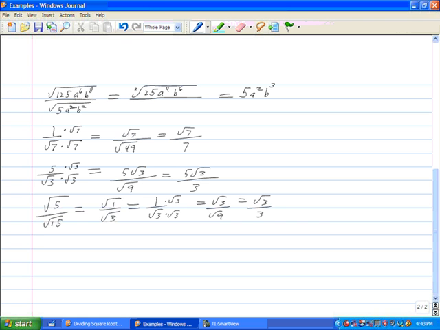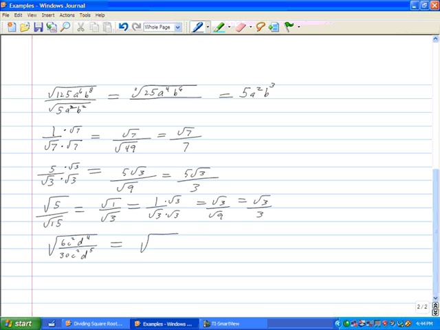Now let's do this with a couple variables involved. Let's look at the square root of 6c squared d to the 4th over 30c squared d to the 5th. And like we've been doing, we reduce everything we can.